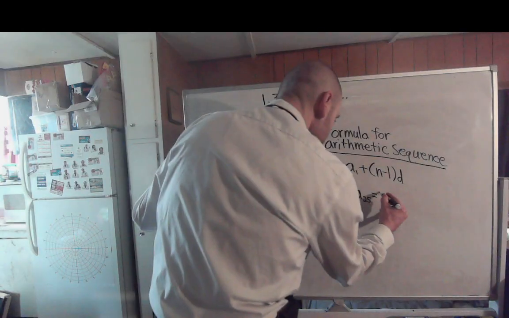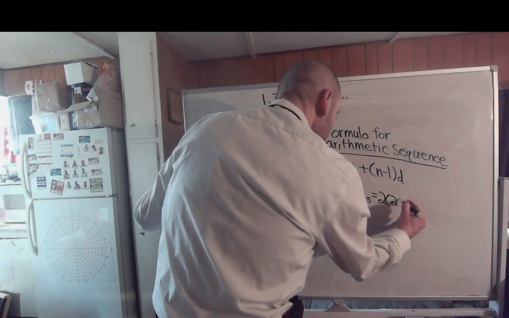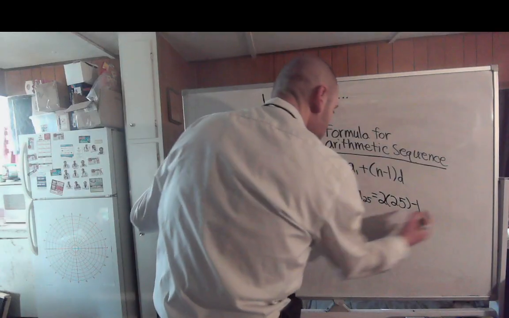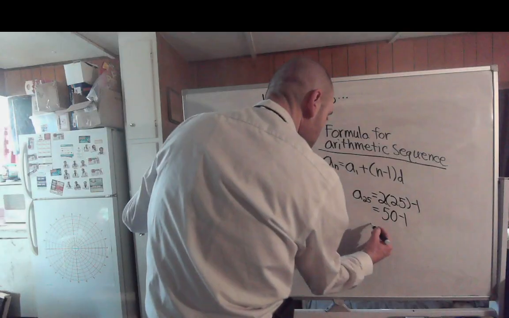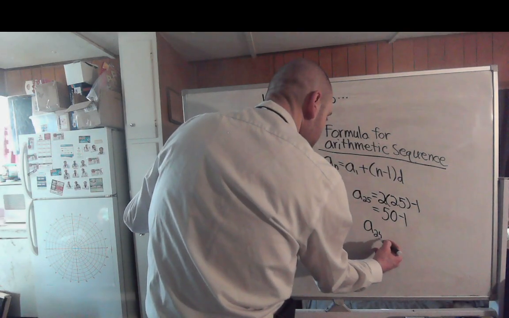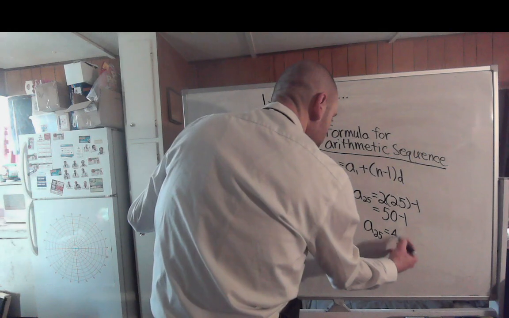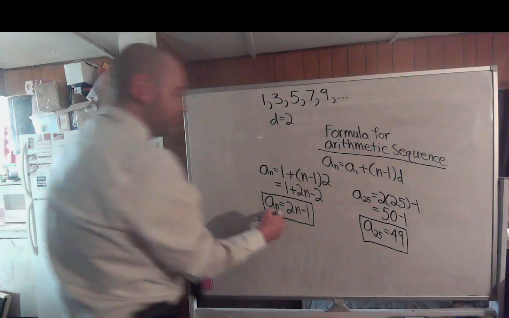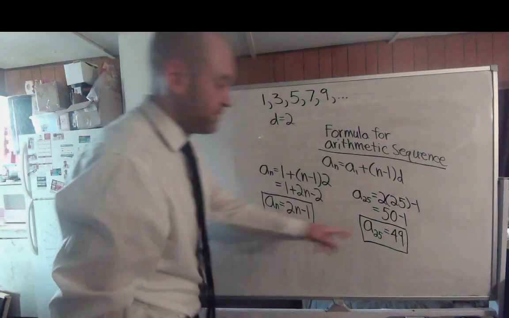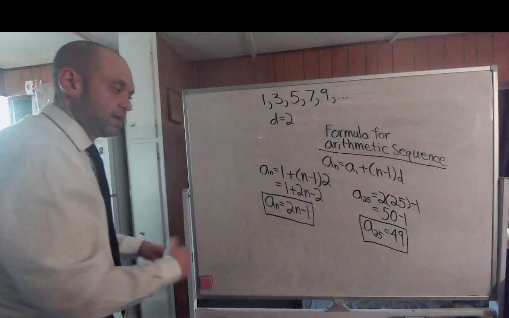You're just going to take 2 times 25 minus 1. So that would equal 50 minus 1, which means the 25th term of this sequence is going to be 49. So with the formula for the sequence, you get that the 25th term of the sequence is 49.